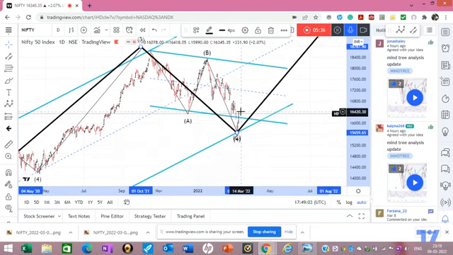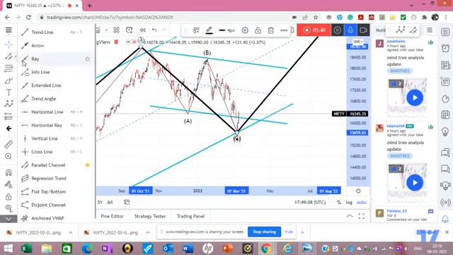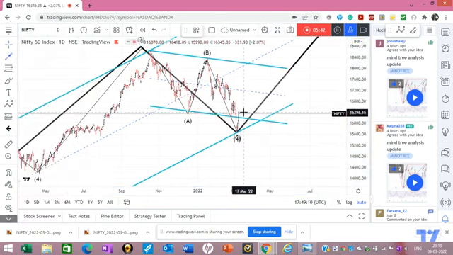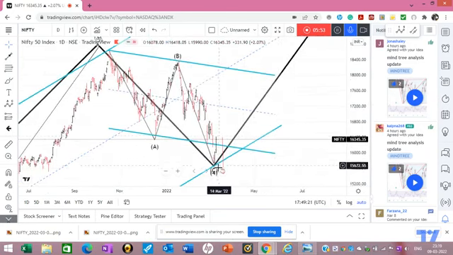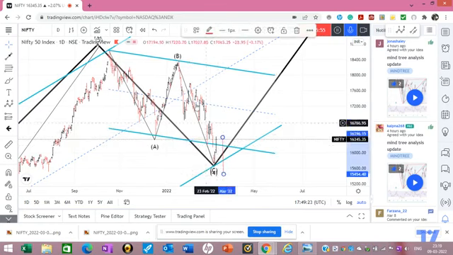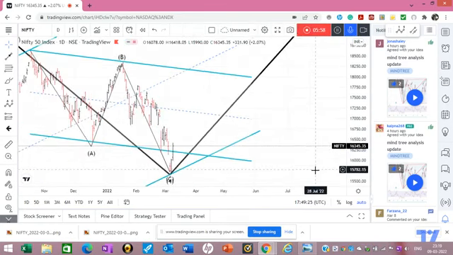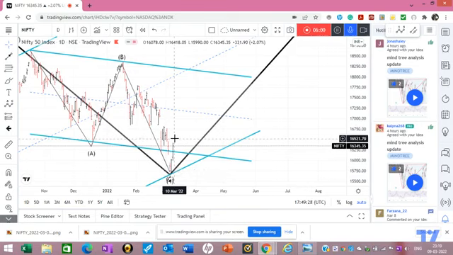If the price action goes back, something like this happens. If it breaches this main channel and goes down, then we are in for a big decline. This move AB should go all the way up, breach the center channel, and then breach this channel.